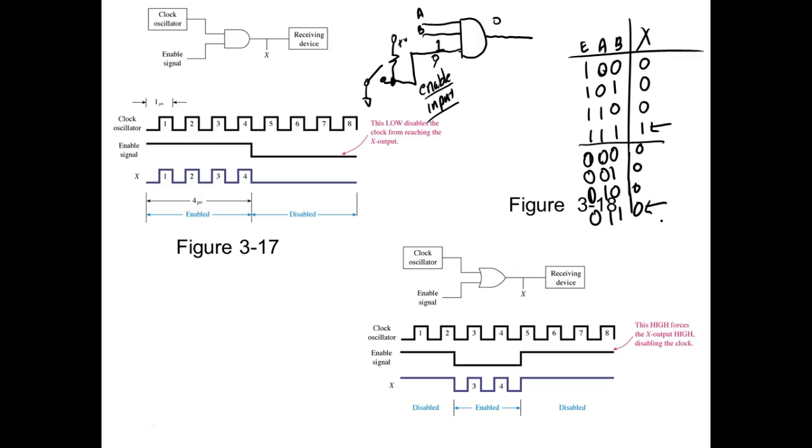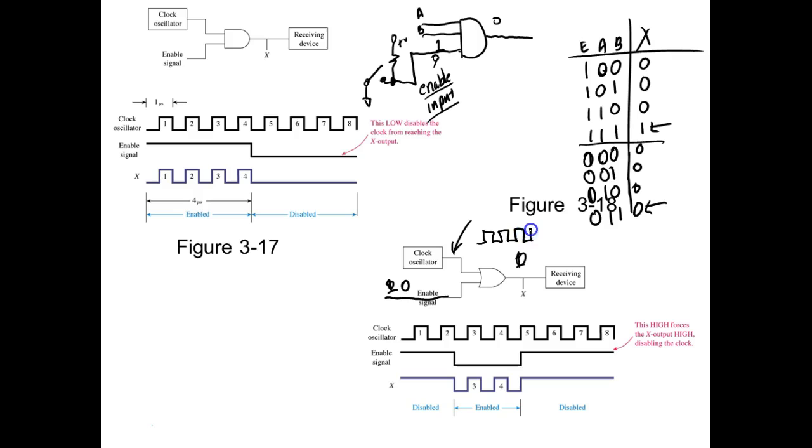Now an OR is exactly opposite. So if I come over here and take this enable input and I put a 1 on this thing, then what's the output going to be? It's going to be a 1. So what I've done is I've blocked the clock. The clock's not getting through, right? Now if I come over here and put a 0 in here, then whatever's on this other input is going to affect the output.